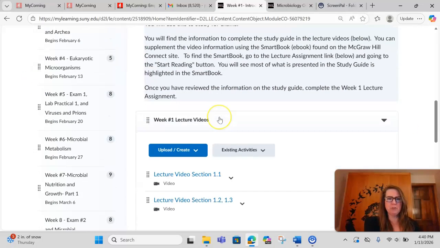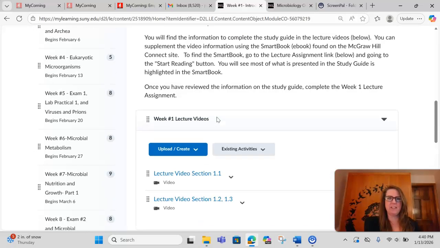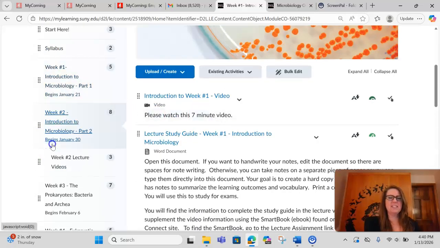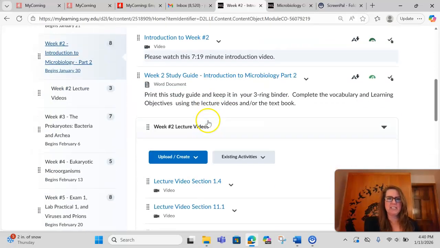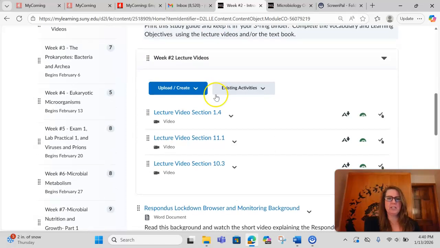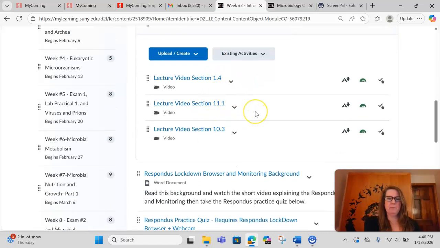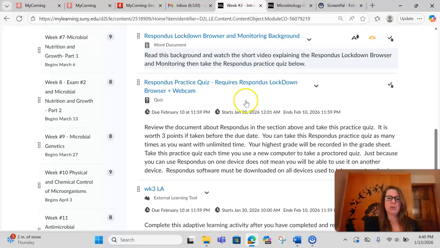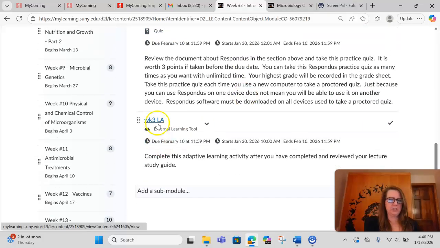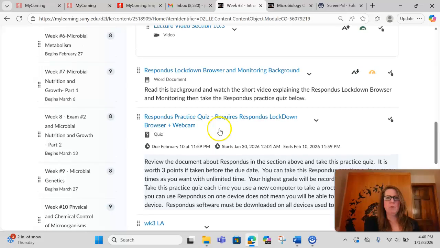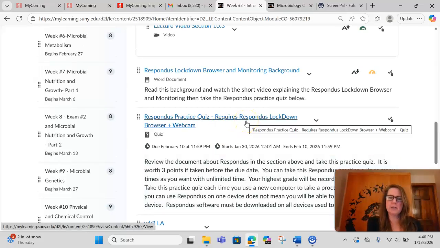As you jump through the week, you're going to see the same thing every week. You're going to see a study guide. There it is, the week 2 study guide. You'll have some lectures, and then you will have your lecture assignment. We will be using the Respondus lockdown browser plus the webcam. Many of you have used this before.